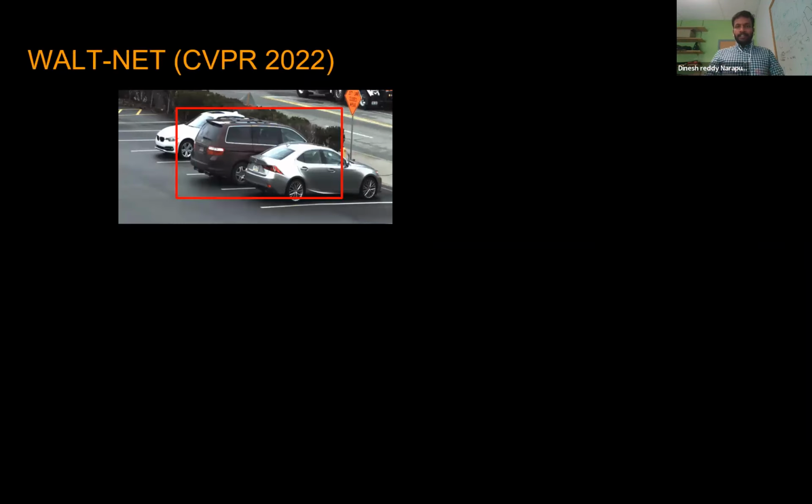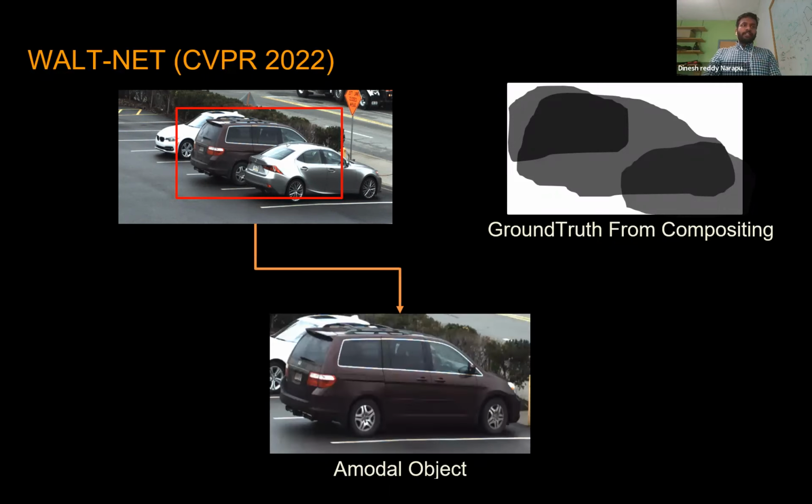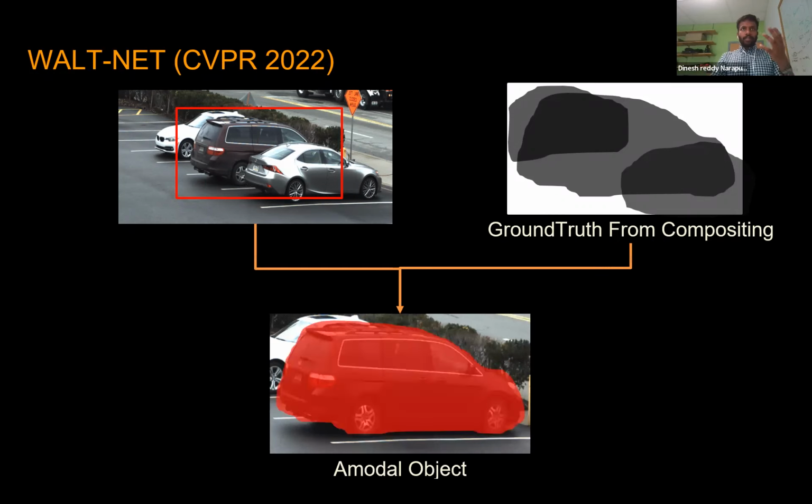So we train this network at this point. So how do we train? We have this input image where this object is occluded, but we don't just want the visible regions. We want to see what is behind it, what is in front of it. So given this object, we call this amodal segmentation. We want the complete segmentation. So how did we get this?